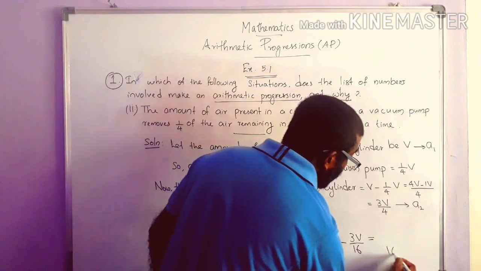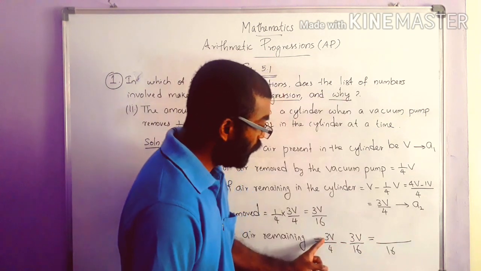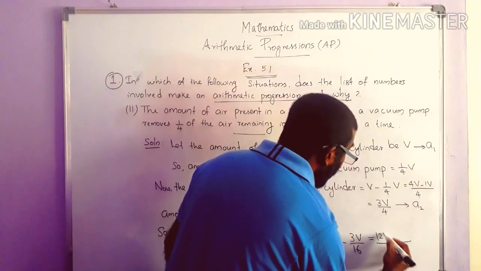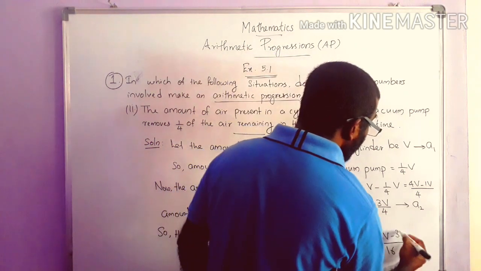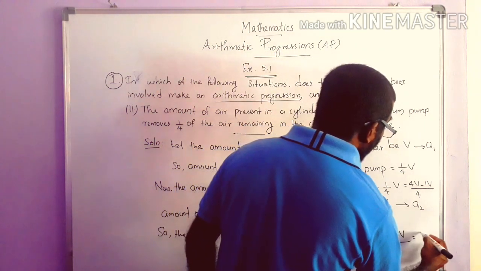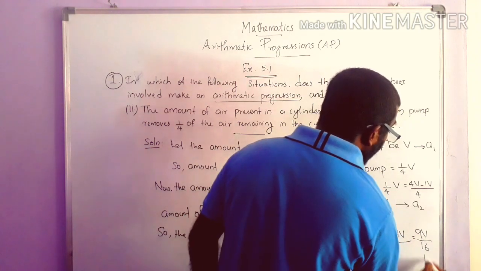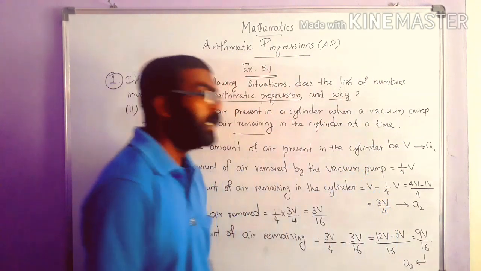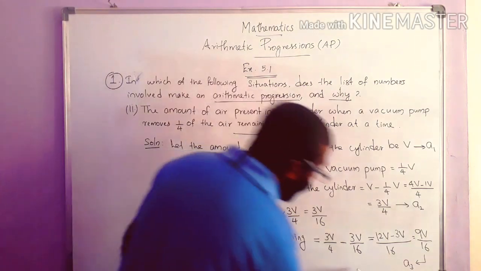Here the LCM is 16, so multiply with the LCM 16. 16 into 3V by 4 is 12V minus 3V, which is equal to 9V divided by 16, and let it be A3. That means the third term of the sequence, and so on.